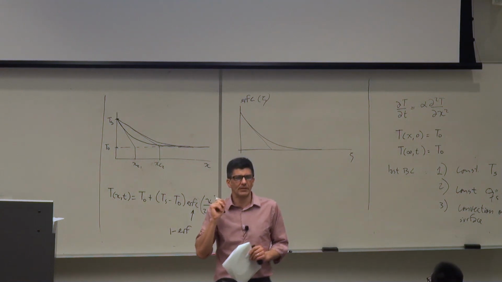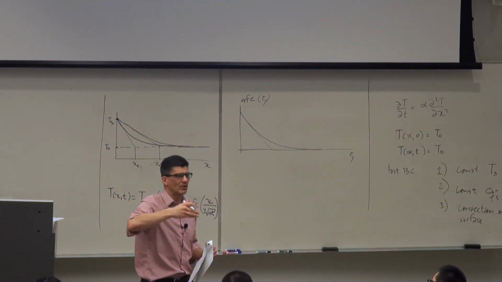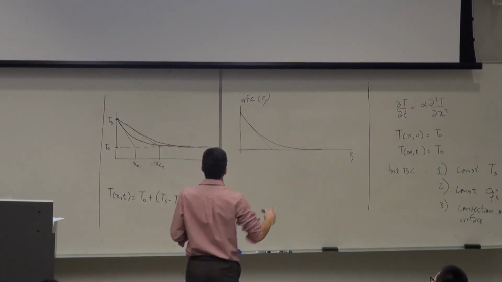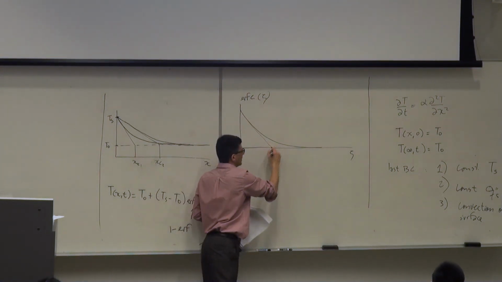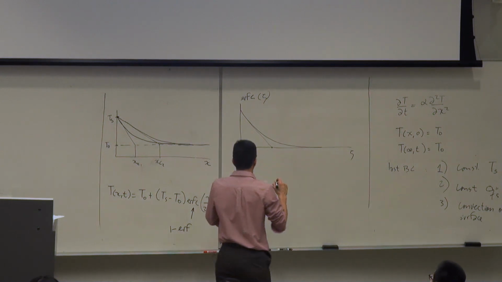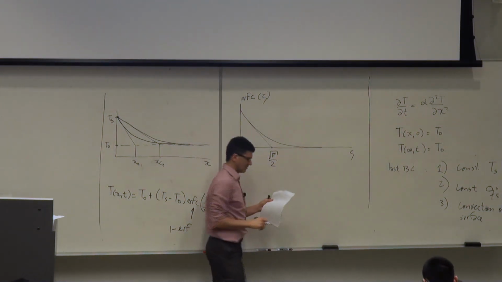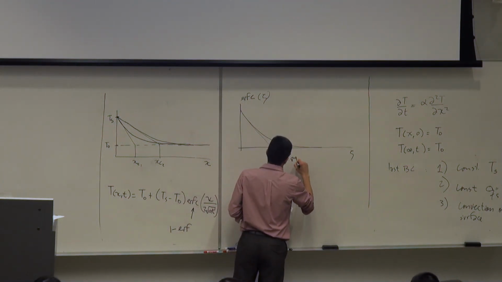One important difference. Do you remember in an exponential what the characteristic decay was? If this was an exponential, where do I cut the axis? It cuts at 1. But here it cuts at square root of pi over 2. This is 0.89.